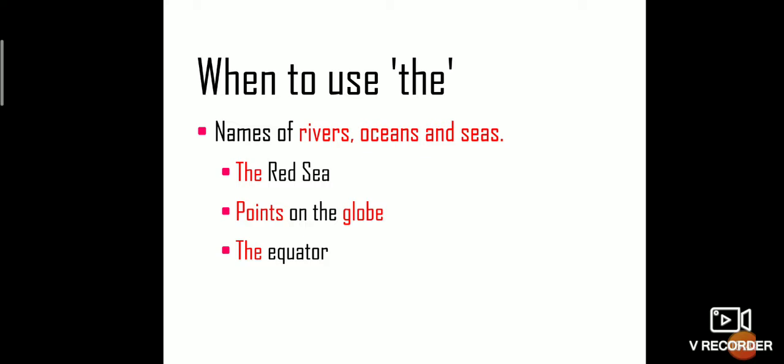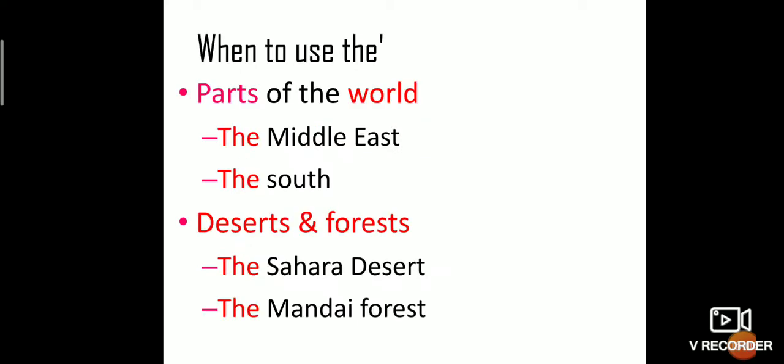With the names of the oceans also we use the, like the Indian Ocean, the Pacific Ocean. Alright. So with the names of the oceans also we use it. With the names of the seas also we use it. Or when we are pointing to something on the globe, like points on the globe, also we use the. The equator. Alright. So there also we use the.